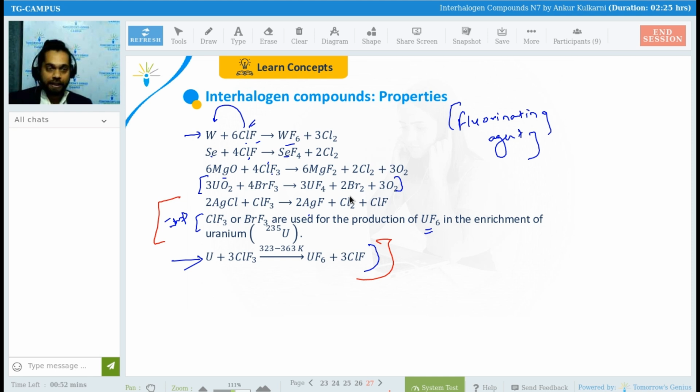ClF3 or BrF3 are used in the production of UF6. Come on, write it down and type done in the chat box. Yes, everyone is done. Let us go ahead.